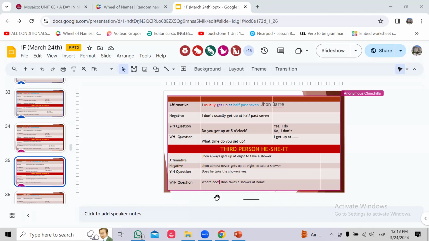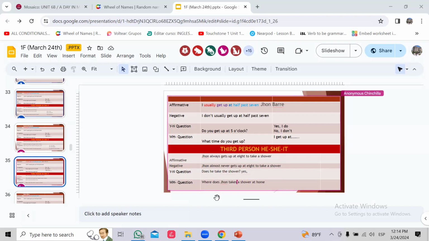¿Necesito el verbo en tercera persona o no? Claro, porque no estaría hablando como que yo, sino de una tercera persona. Sí, necesitaría tercera persona. El sujeto es John, es he.